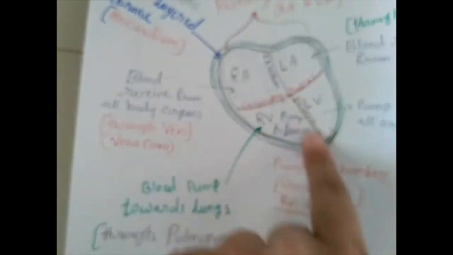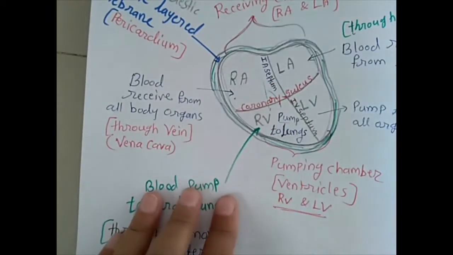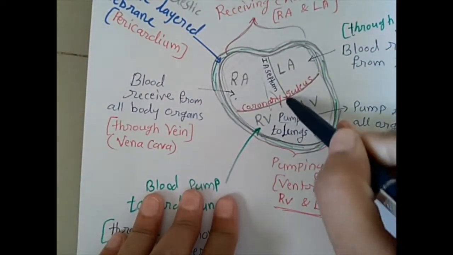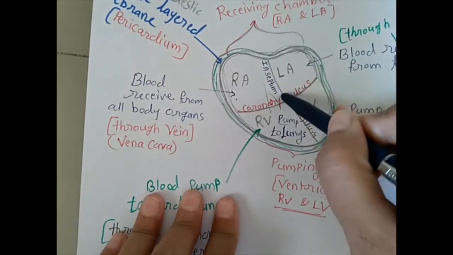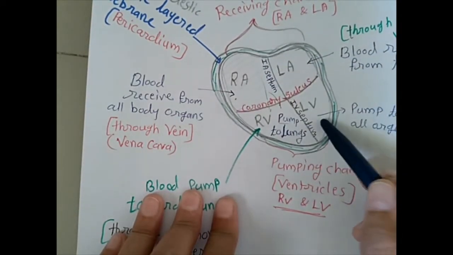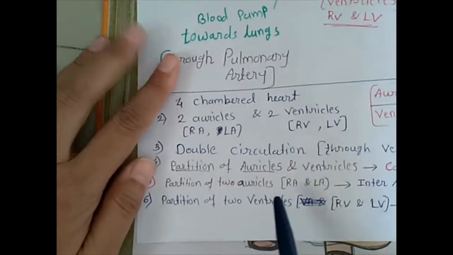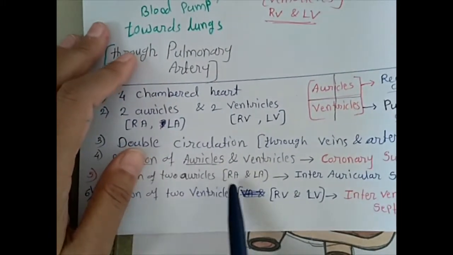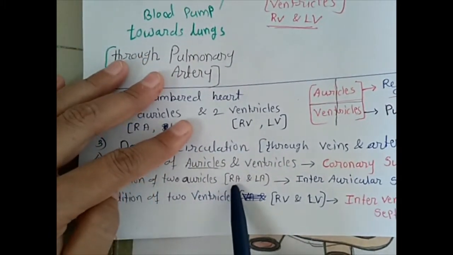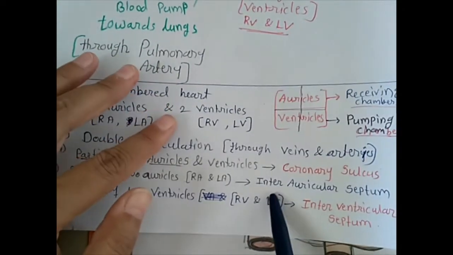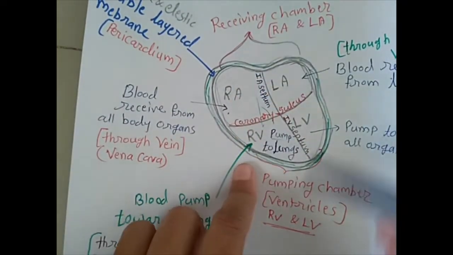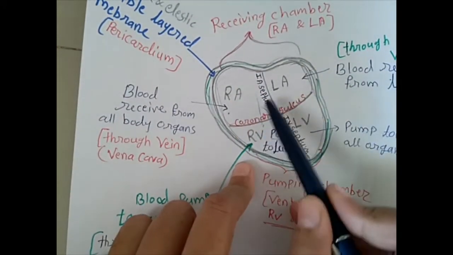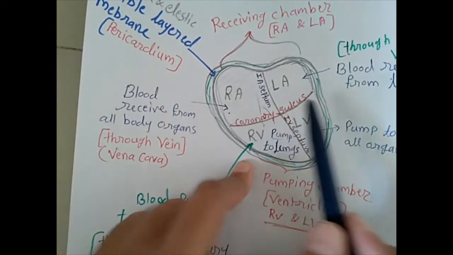Again, there is a vertical partition, one for the auricles and another for the ventricles. At the upper side is the partition of the auricles and at the lower side the partition of the ventricles. The partition of the two auricles divides them into right auricle and left auricle, and it is called the interauricular septum.